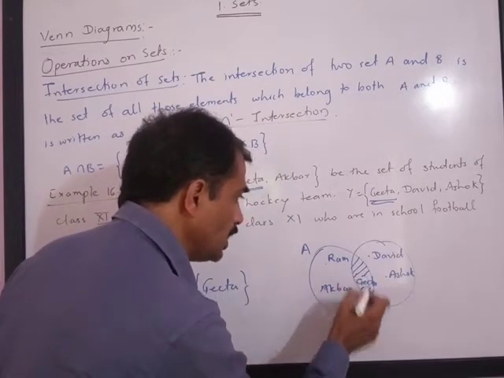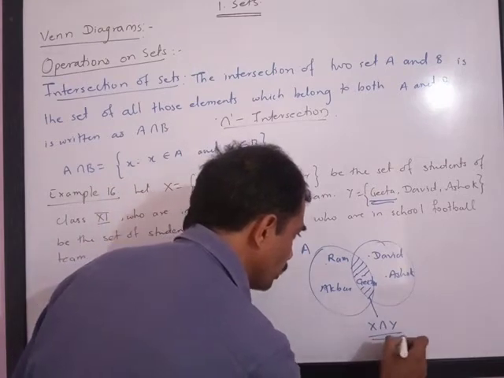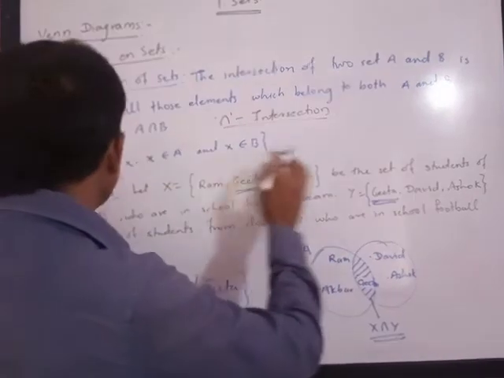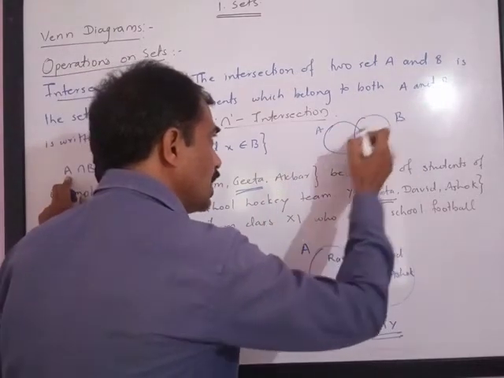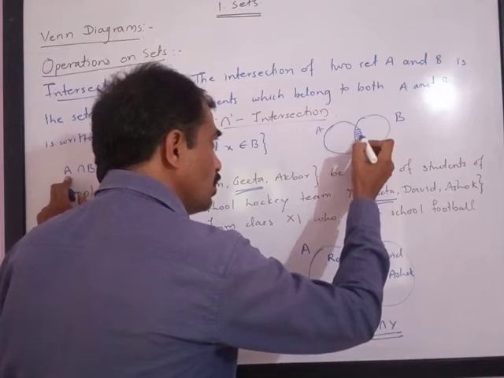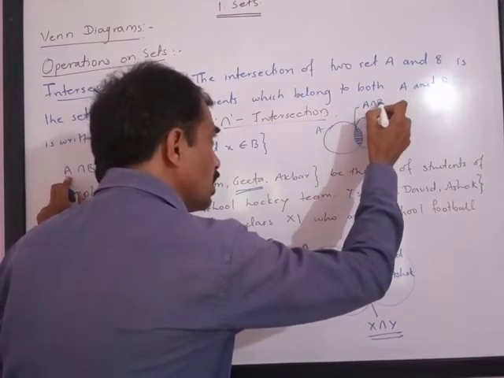So this shaded region represents X ∩ Y. Similarly in A ∩ B, if A is this set and B is this set, then the central region which is common to both represents A ∩ B.